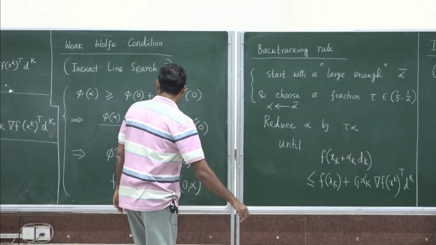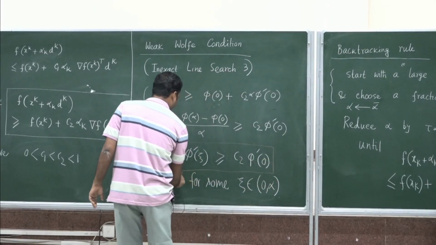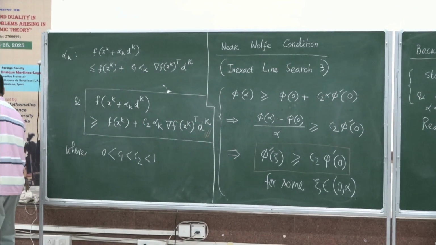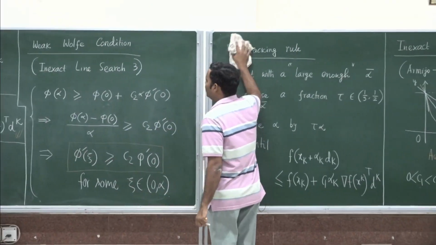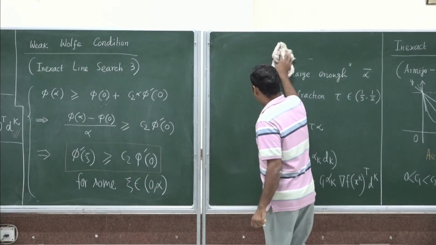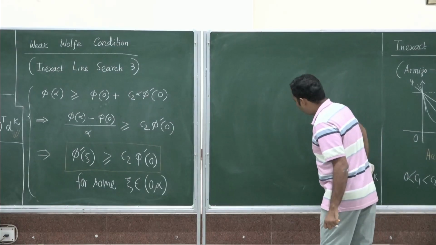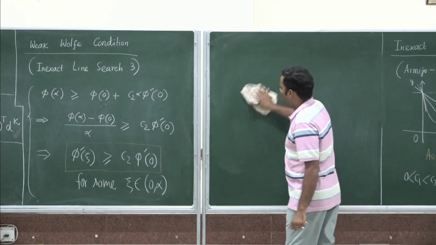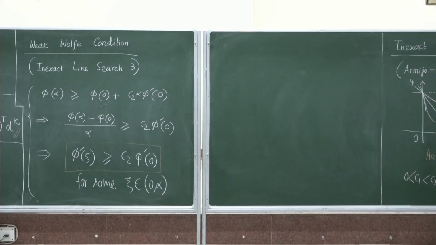I will now try to follow what is the meaning of this inequality, replacing this xi by alpha, and then we shall quickly figure out why it is called the curvature condition. Accordingly, the weak Wolfe condition is simply replacing the Goldstein rule in the Armijo-Goldstein rule by this rule that phi dash alpha greater than or equal to C2 times phi dash 0.